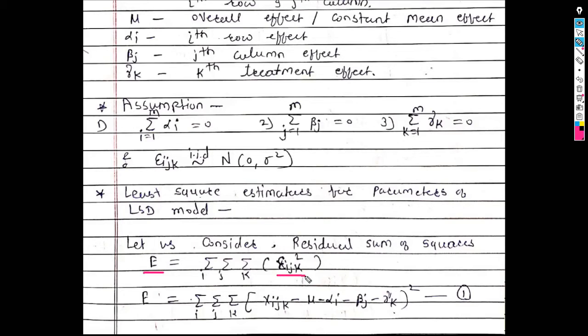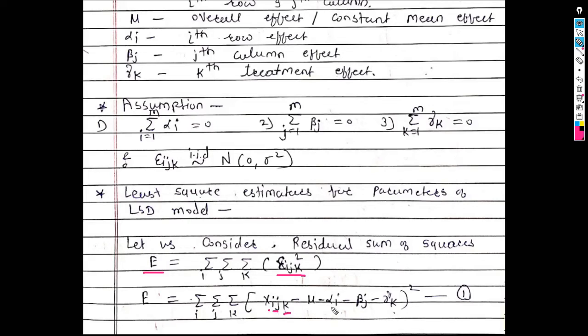With the help of the LSD model, epsilon ijk can be written as xijk minus mu minus alpha i minus beta j minus gamma k, bracket squared, where xijk is the observation due to the kth treatment, ith row and jth column. Mu is the overall effect and it is a constant term.